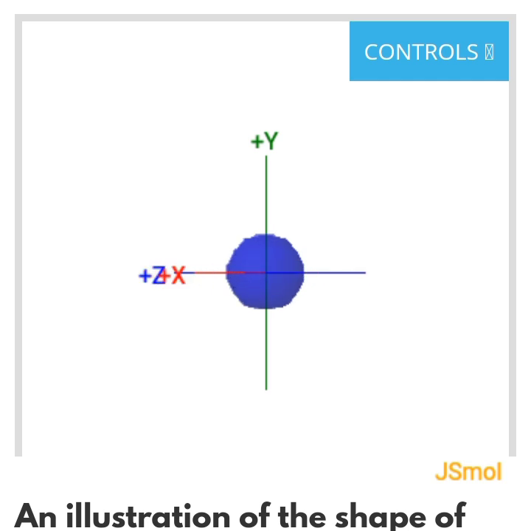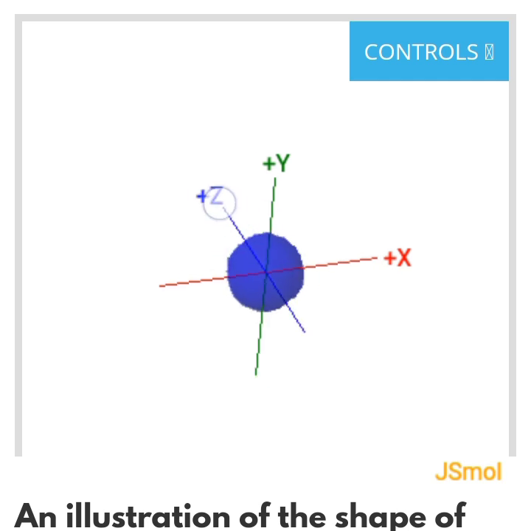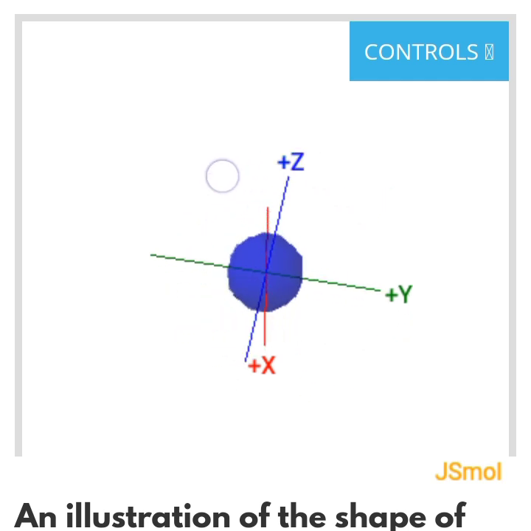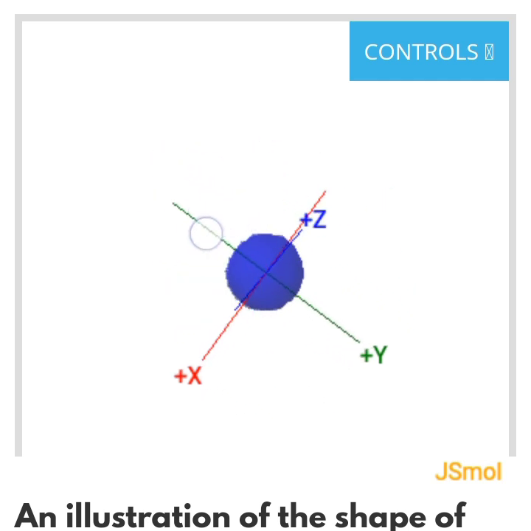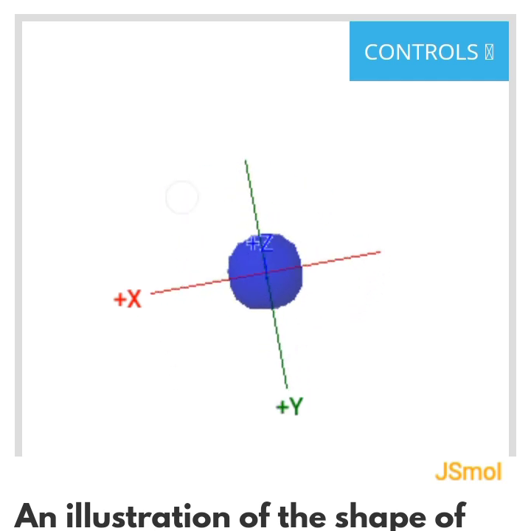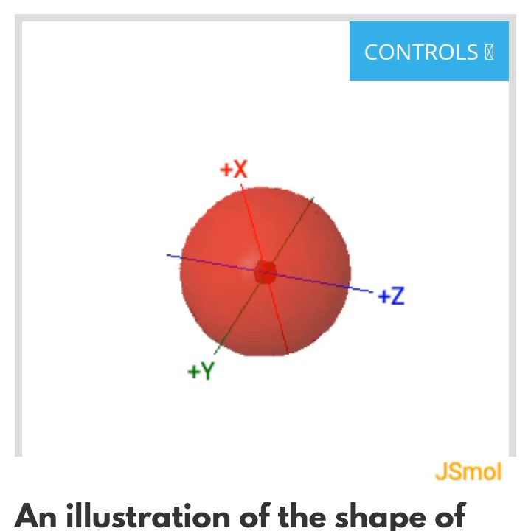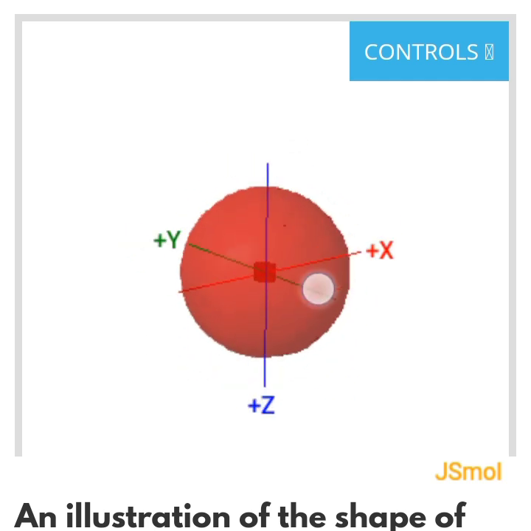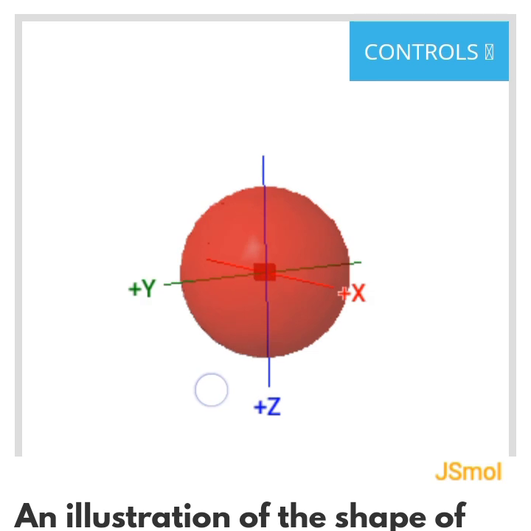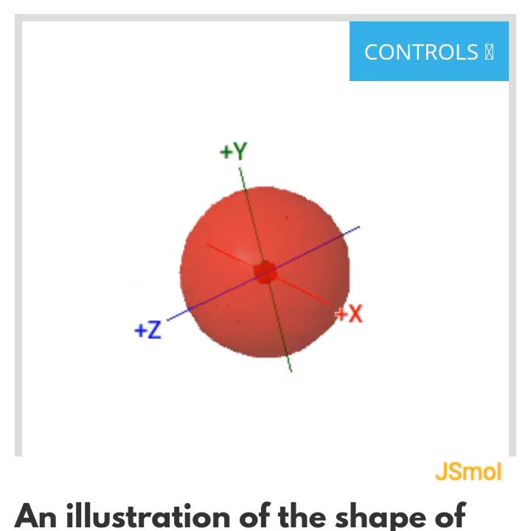Let us consider the 1s orbital, as shown in the figure. This is 1s, and this is the size of the 1s orbital. Now I show the 2s orbital. The size of the 2s orbital is greater compared to the 1s orbital.